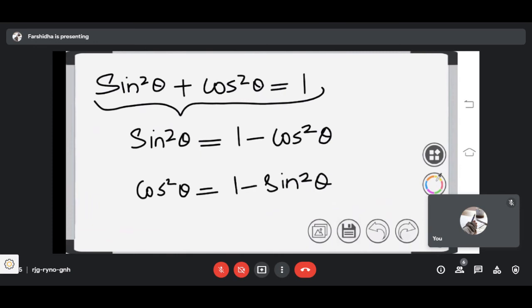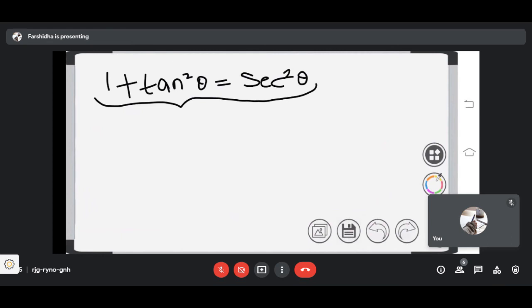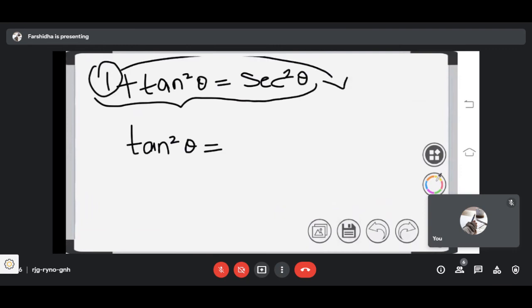Same way from the second identity, one plus tan square theta is equal to sec square theta. This is your second identity. From this identity, I can derive equations for tan square theta and also sec square theta and also for 1. That is tan square theta is equal to, I'm taking this 1 to this side, so it will be sec square theta minus 1.